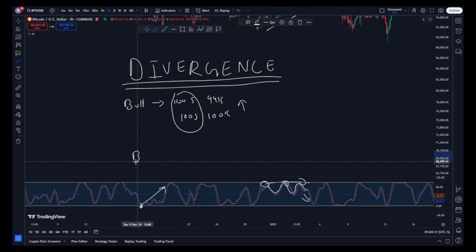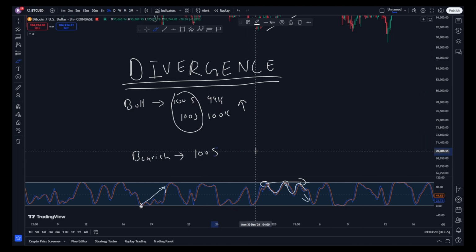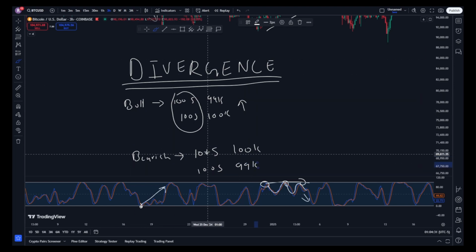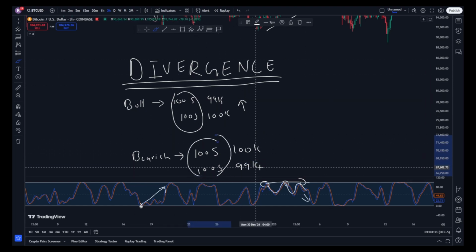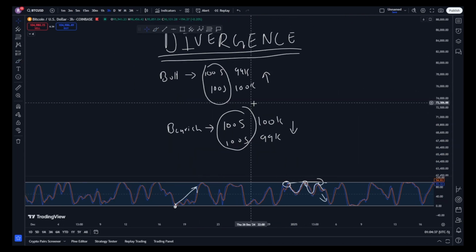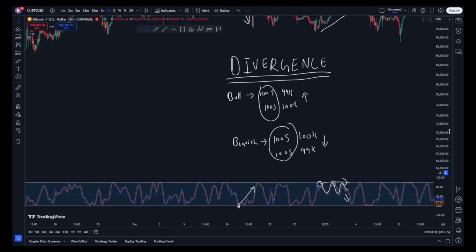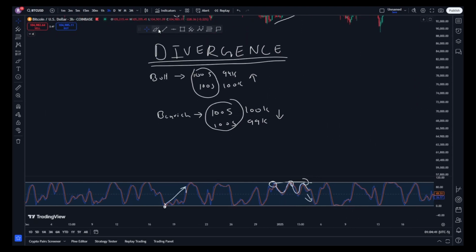A bearish one would be the opposite. So let's say at 100 stochastic, Bitcoin is at 100K, and then the next time it's at 100 stochastic, Bitcoin is at 99K. So at the same stochastic level, price has actually gone down. Now, this concept works both ways.